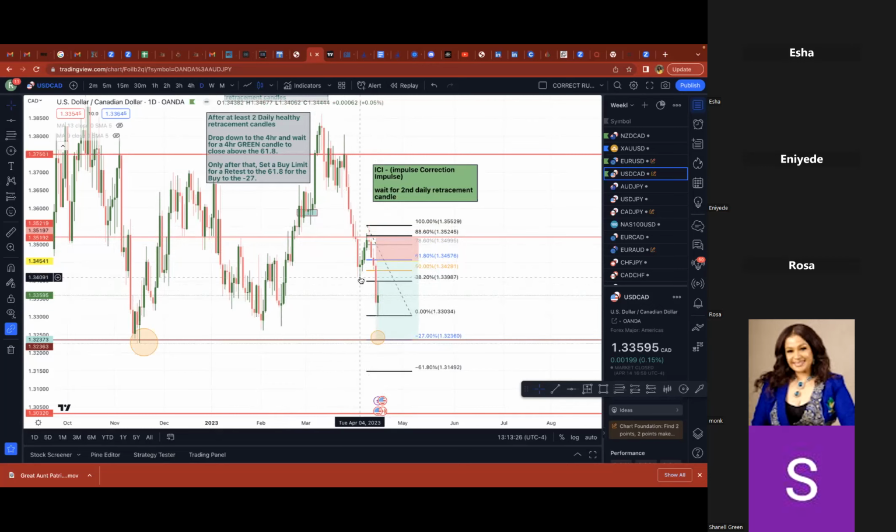Is that how you do it? From that top, now that price has given you 2 healthy candles. We want at least 2, but this one has given us more than 2, which is fine. It's still within our parameters.